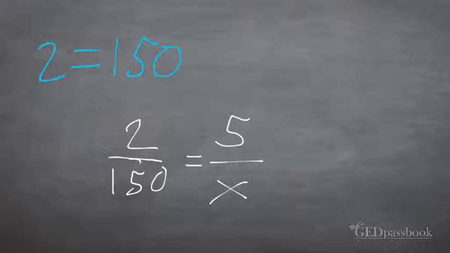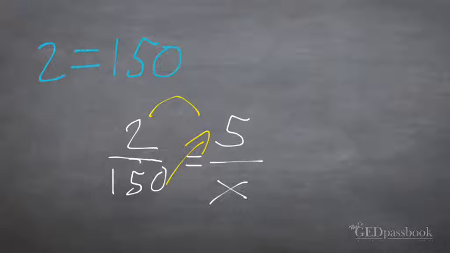Solve for x. What must I do? Guide me. What should I do? 150 times 5. What's 150 times 5 though? 750. Cool. 150 times 5 was 750.